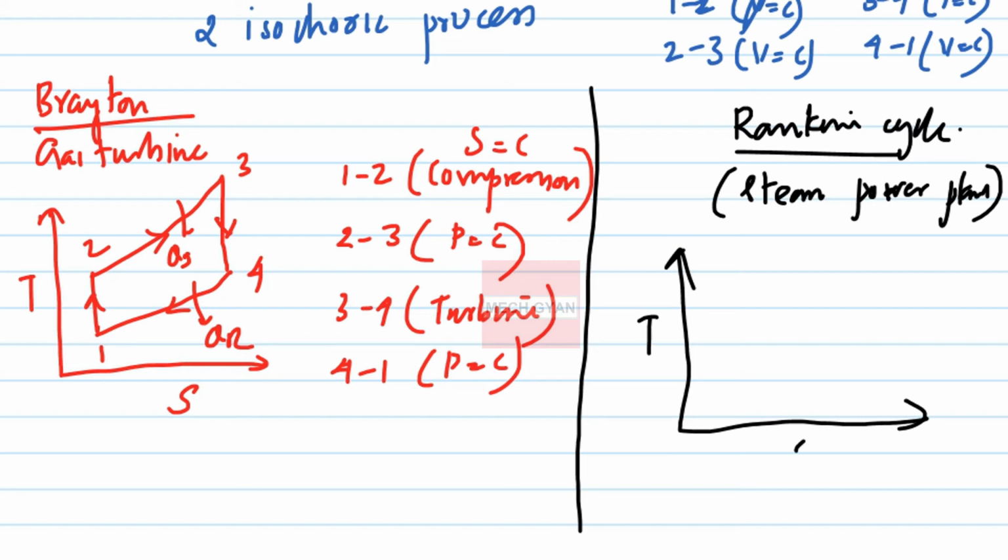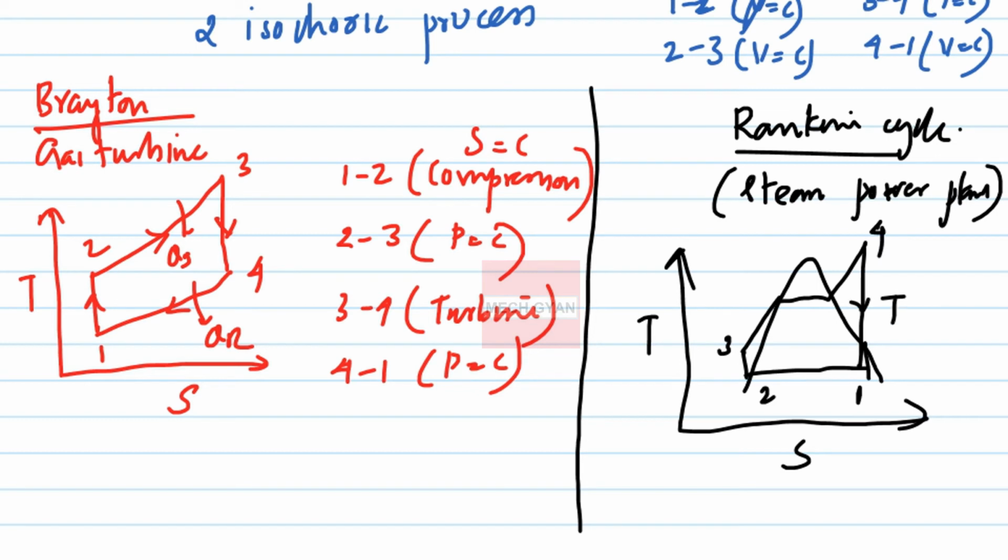This is T, this is S. It will be 1, 2, 3 and 4 here.